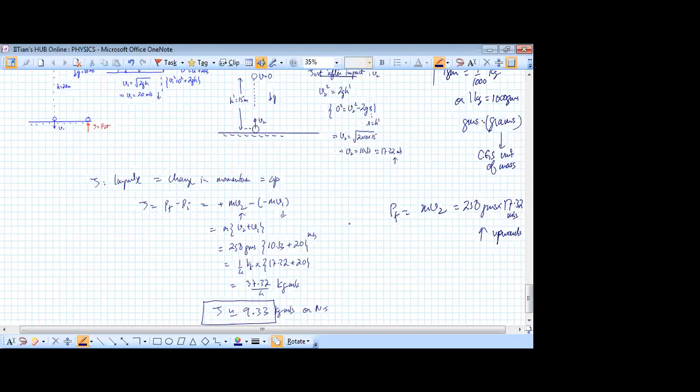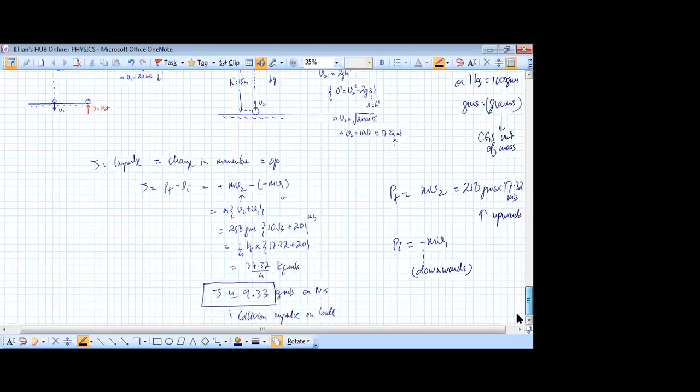Whereas the initial momentum, why are we writing it as minus mv1? The minus sign is showing that it is downwards. So that is why the change in momentum is becoming minus minus plus. The unit is grams into meter per second, so 250 grams are converted to kg.